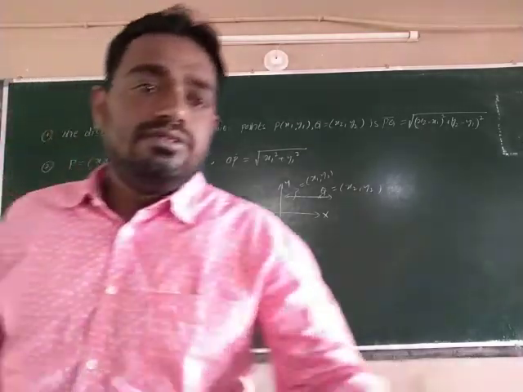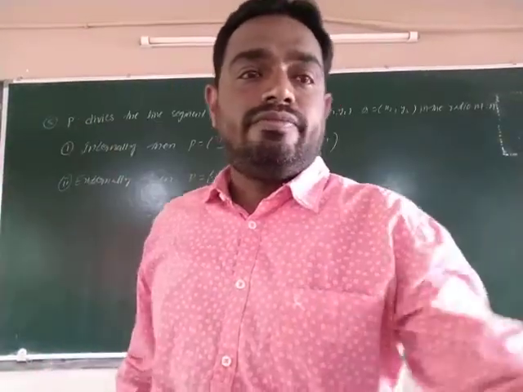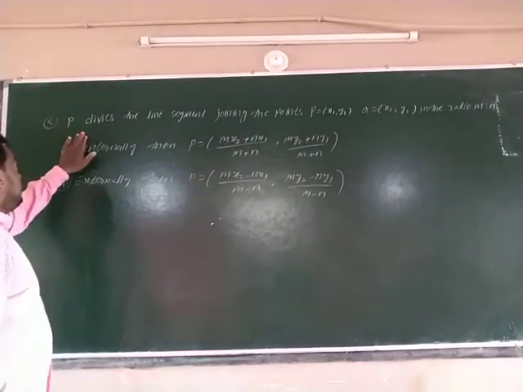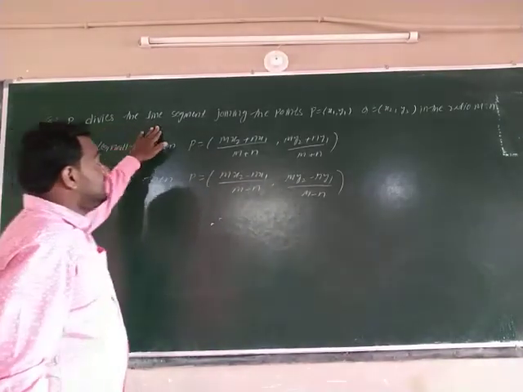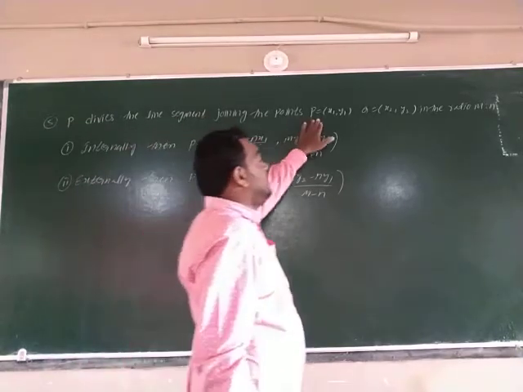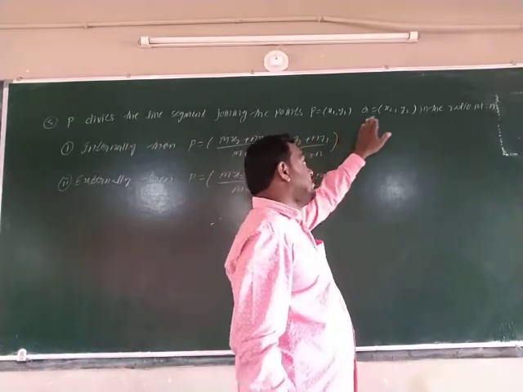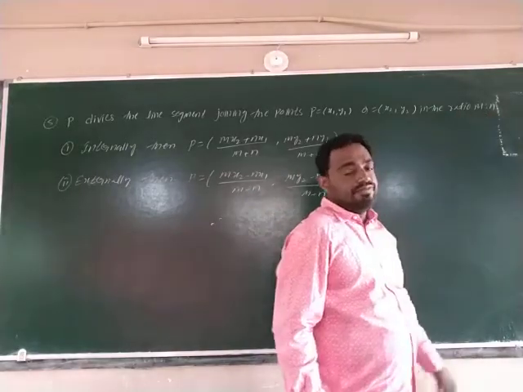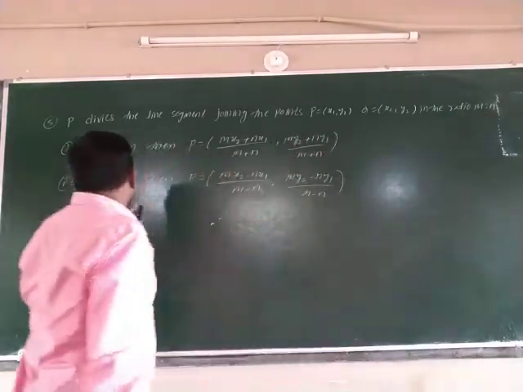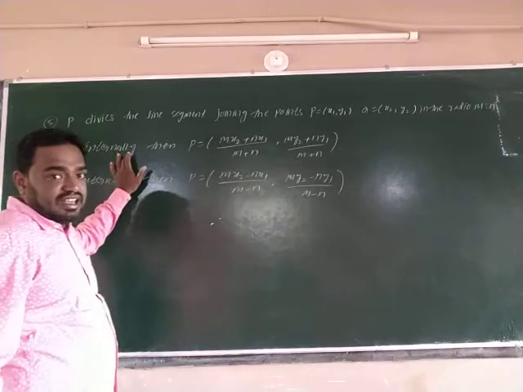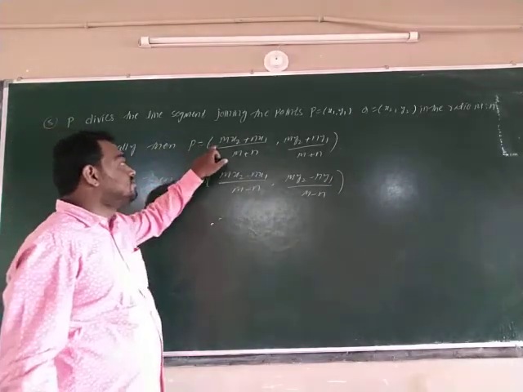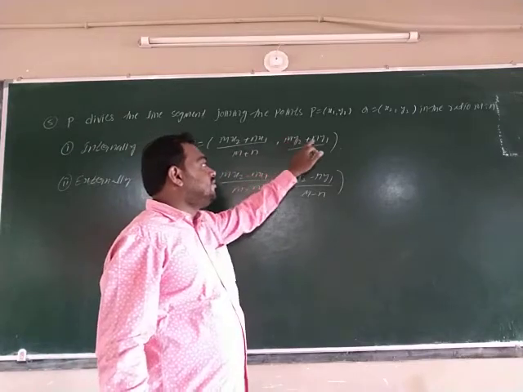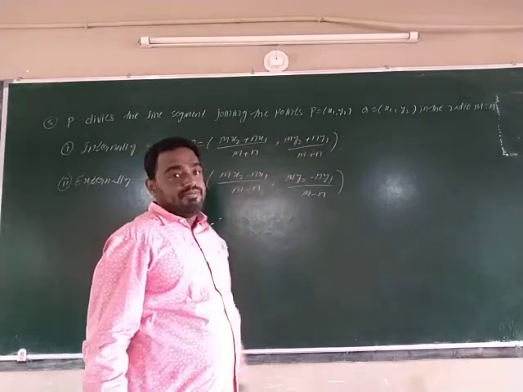Next, the fifth formula. P divides the line segment joining the points (x1, y1), (x2, y2) in the ratio m:n. If it is internally, then P is equal to (mx2 plus nx1) by (m plus n), (my2 plus ny1) by (m plus n).